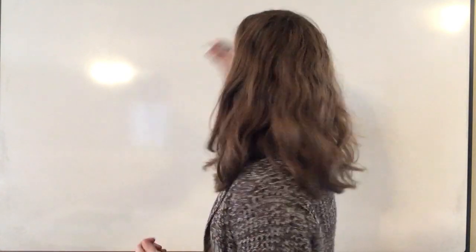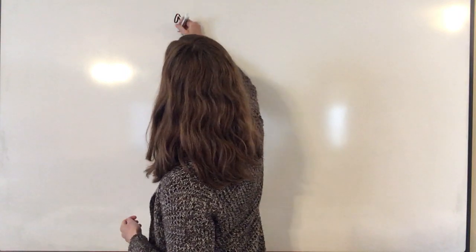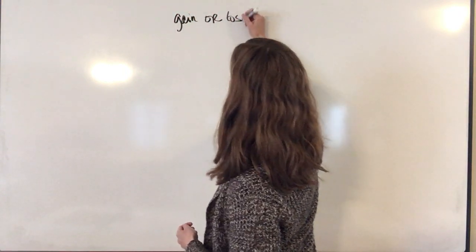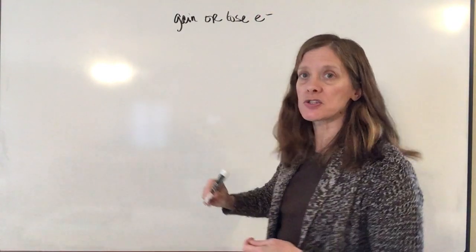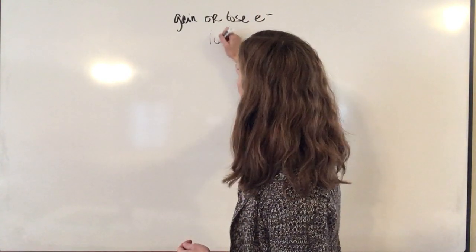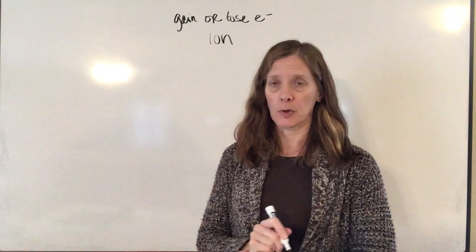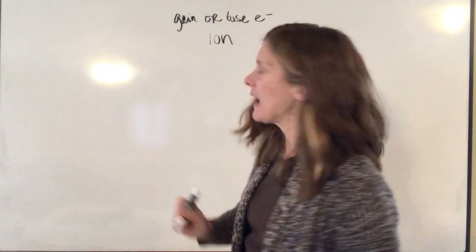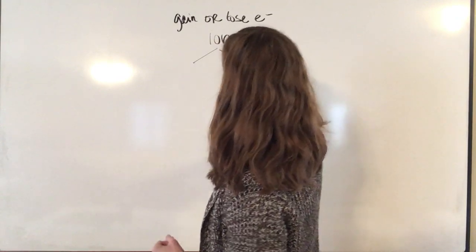So if you gain or lose, and it can be either way, electrons, you form what's called an ion. An ion just means it's an atom that has a charge on it. And there are two types of ions.